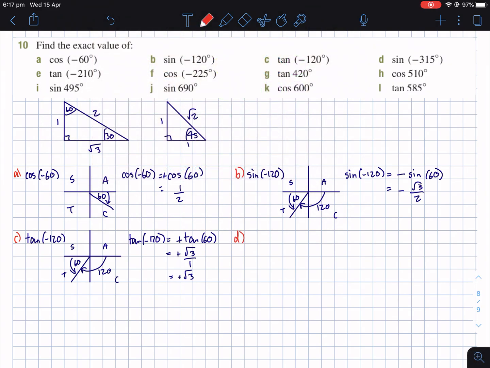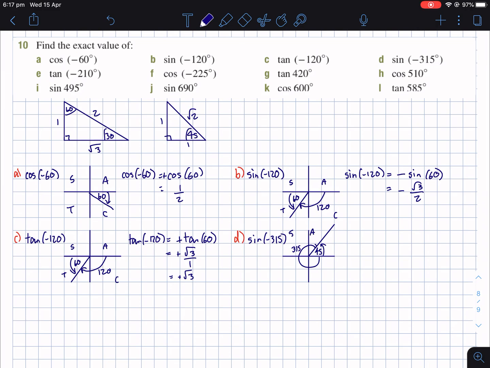Okay, D. Sine negative 315. So this time, we're going around clockwise, and we're going to end up here. So if this is 315 all the way to there, then this must be 360 take away that, which is 45.